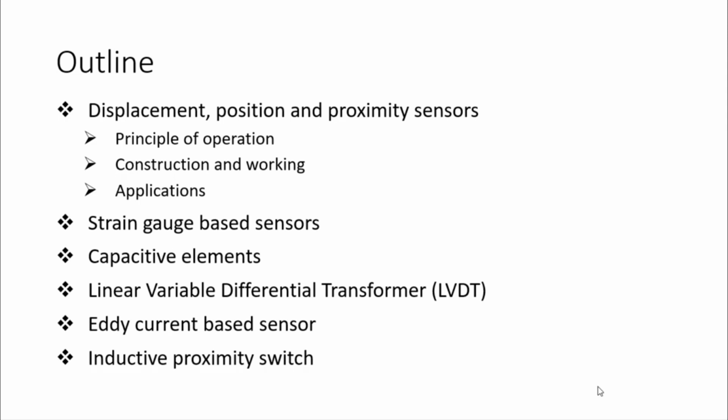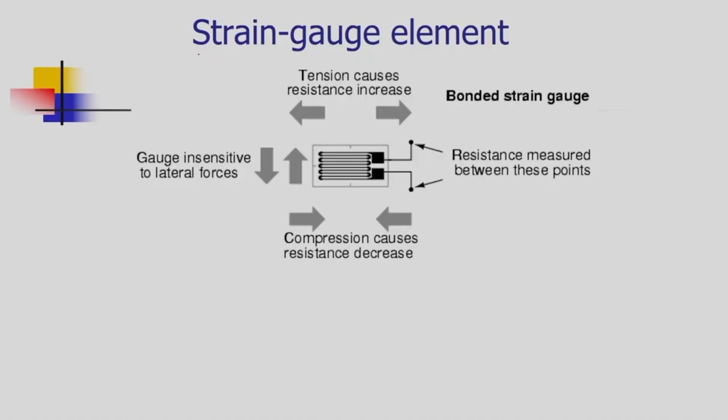So let us begin. The next important displacement sensor is the strain gauge element sensor. It works on the principle of change in resistance when we are giving tension or compression to a mechanical element. On your screen you can see a simple arrangement of a strain gauge element.